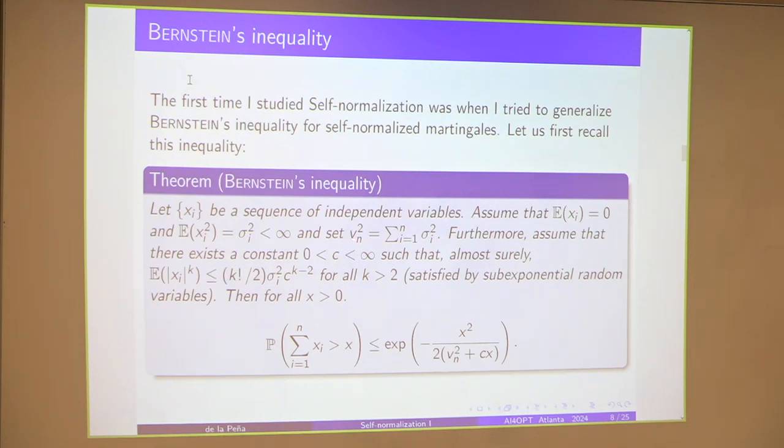Let the cumulative variance be V_n. If these variables do not grow too fast, so that the kth moment is bounded by a function of k times the variance, then Bernstein's inequality says that the probability of the sum of the X_i's being bigger than x is less than or equal to e to the minus x squared over 2 V_n squared plus cx.